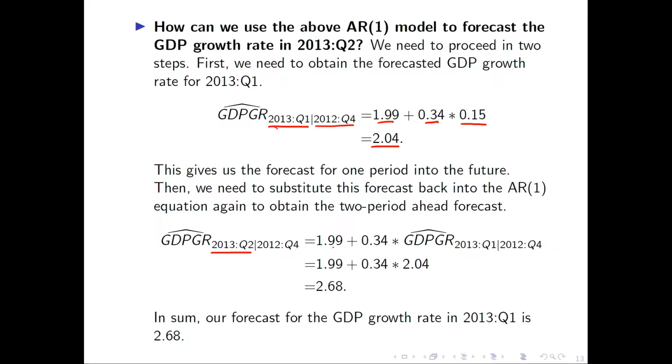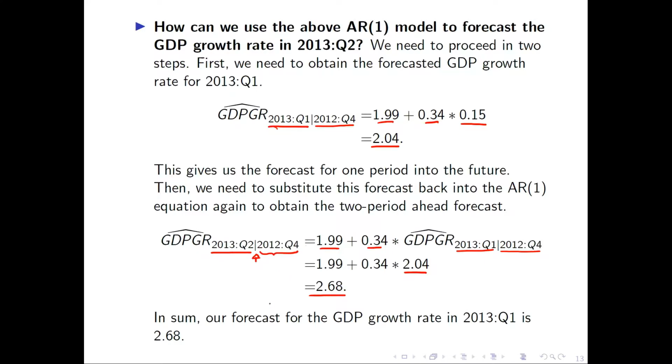We plug this forecast, the GDP growth rate forecast for 2013 quarter 1, which we got using information up until 2012 quarter 4, into the model and get the estimate of 2.68% for the GDP growth rate of 2013 quarter 2, given information at 2012 quarter 4.